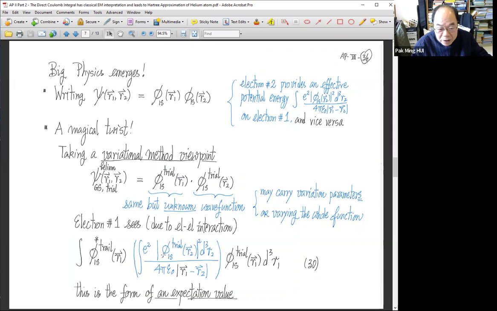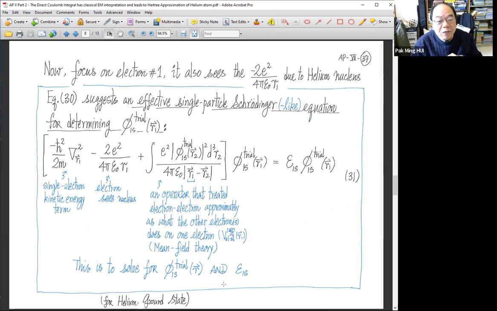And then with the same interpretation, we know that electron number 1 is seeing an effective potential energy of repulsive form from electron number 2. So thereby, suddenly, we have a single electron Schrödinger equation to solve for the unknown 1s wave function.